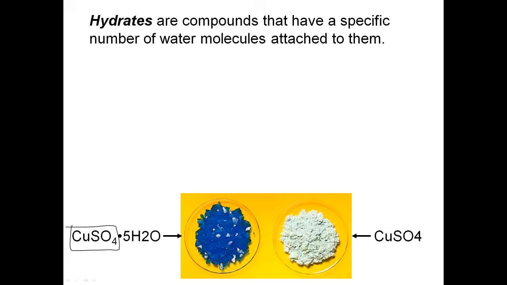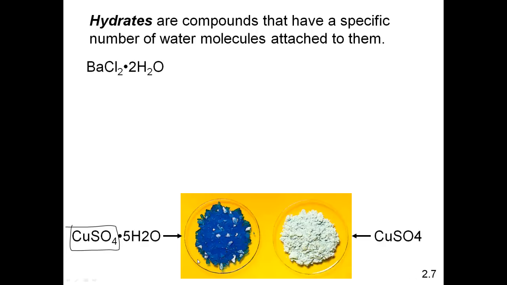If we heat this over a Bunsen burner, or in an oven, these crystals turn into a powder. Copper sulfate on its own looks like this, but this is basically the way it looks in nature. But if we heat it, drive out all the water, it turns into just a whitish powder. It still has a little bit of a blue hint to it. But this is a hydrate, and lots of our ionic compounds are actually hydrates.